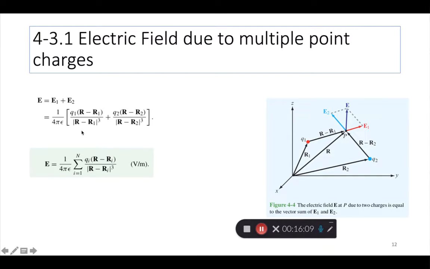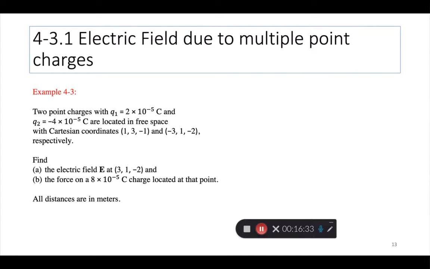In the denominator you have the magnitude of that same vector, r minus ri, raised to the third power. This is derived in the textbook, but you need to learn or at least remember this so that we can use it in problems.